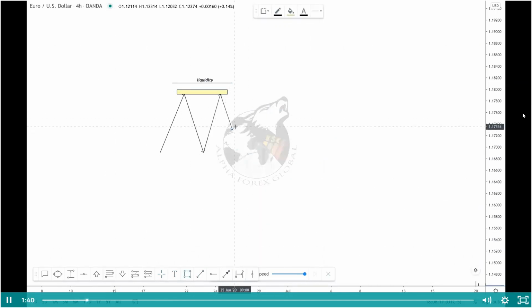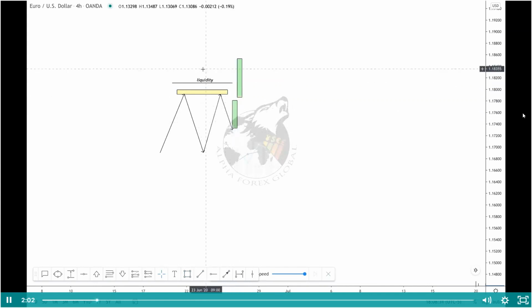Normally what would happen is that the institutions would push the market to the upside to take out that liquidity. What this means is that the bigger institutions dump money into the market, basically their own money. So they add buy positions right here to take out the liquidity and induce buyers.